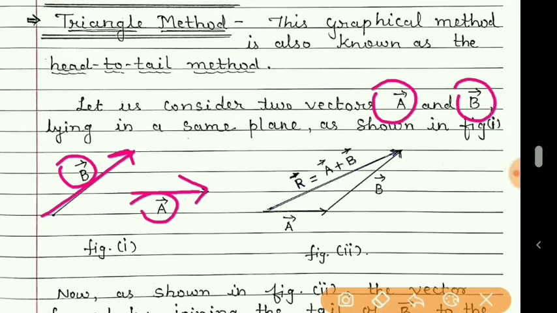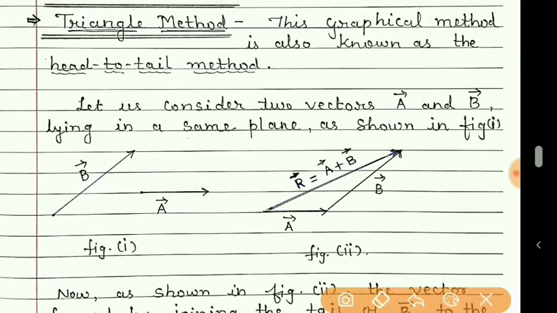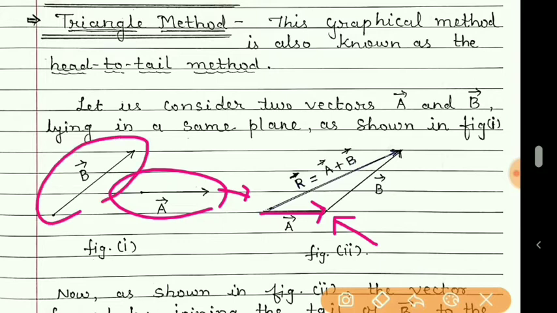So here what we did, we have taken vector A, you can see same as this. This is the head of vector A, and we have placed this vector here.